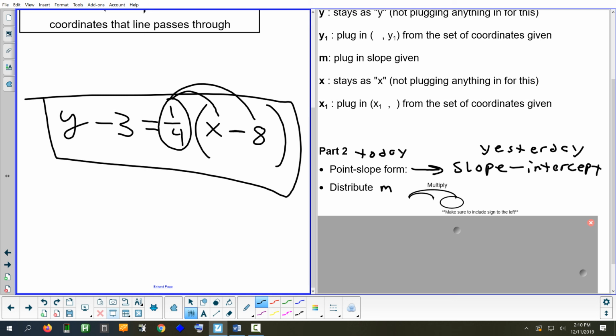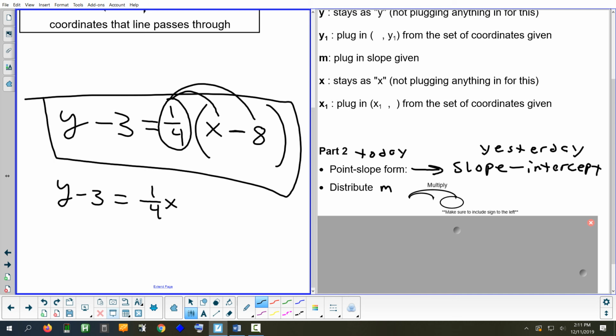That's the first step. On the left-hand side, when you distribute the 1/4, does that do anything to the y and the 3? No. So for this step, just copy that down. 1/4 times x. That's all you can do. You can't multiply a number and a letter. They don't simplify, so you just stick them next to each other.